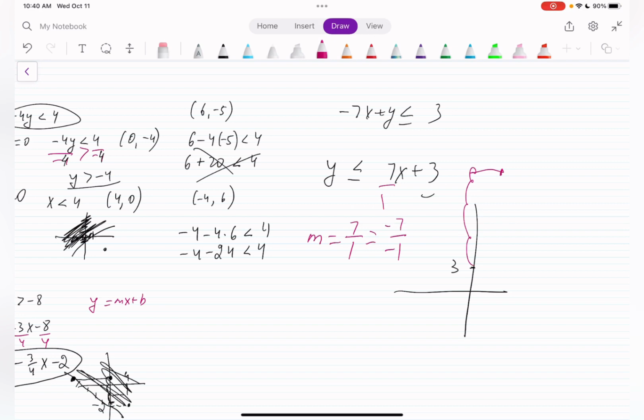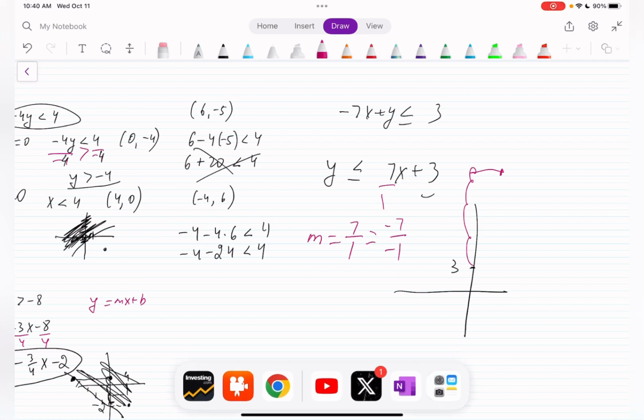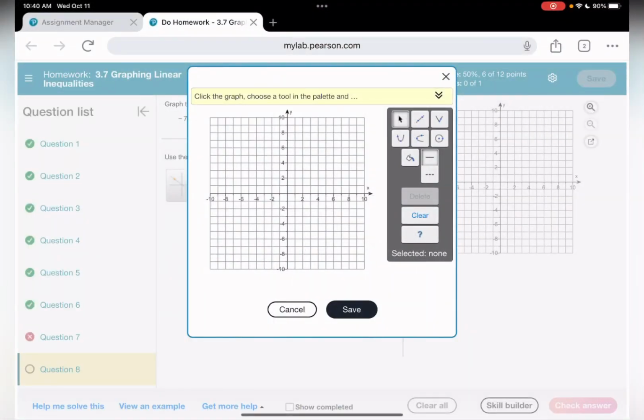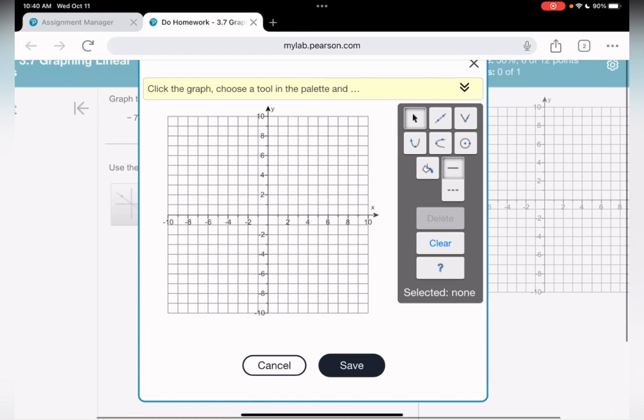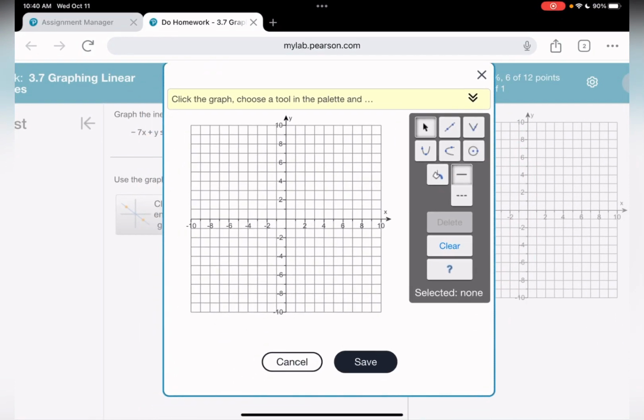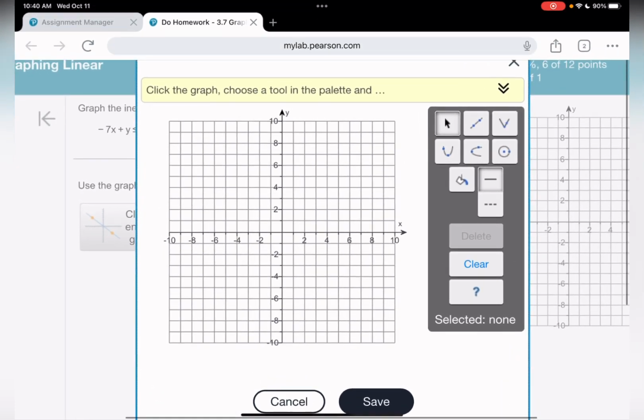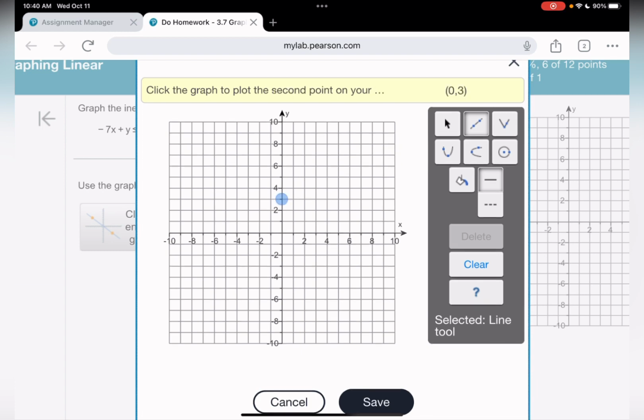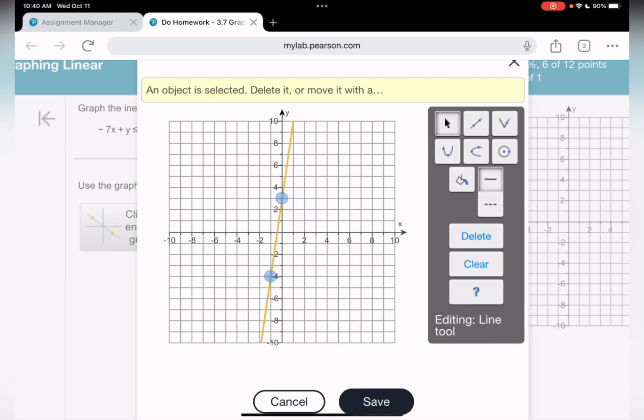So I'd rather go down 7 and then negative 1. Solid line? Yes, we have a solid line. So starting with 3, and then going down by 7. 3 minus 7, negative 4. So I'm coming to negative 4, and then 1 to the left. There we go. I got it.